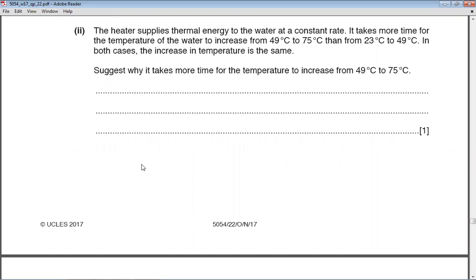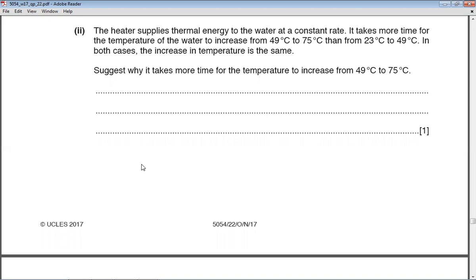You see, he says that the heater is still providing the same power, operating at the same power, and the change in the temperature when the water temperature changed from 23 to 49 is 26.